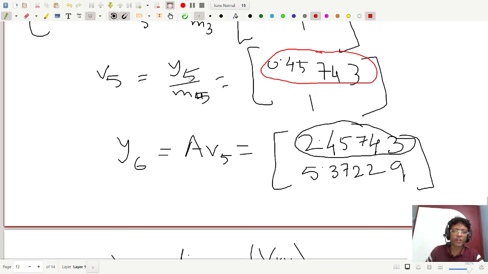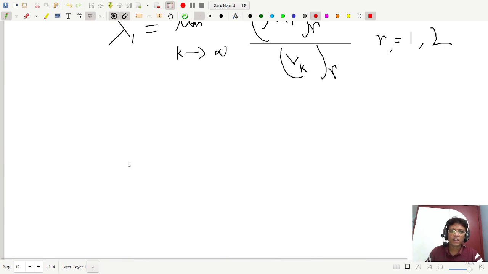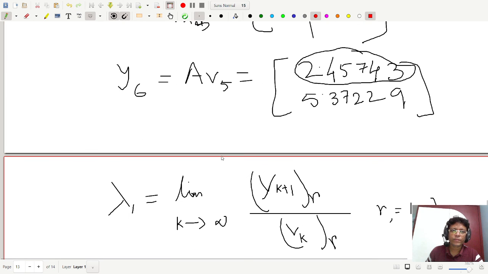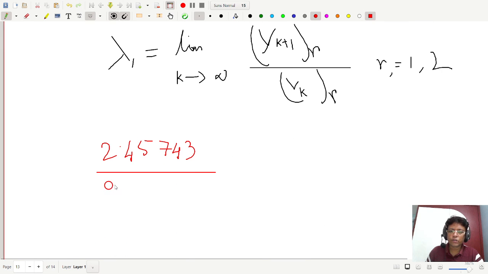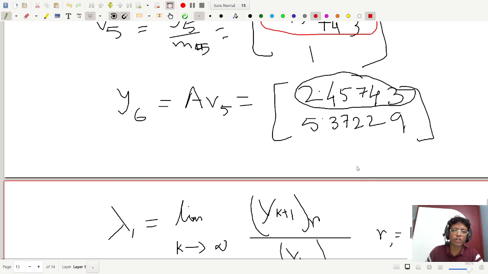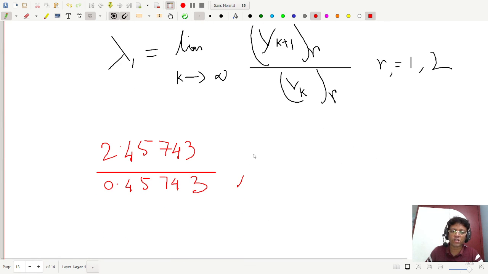So I will write 2.45743 by 0.45743, and the next ratio is 5.37229 by 1, and that will be 5.37229.